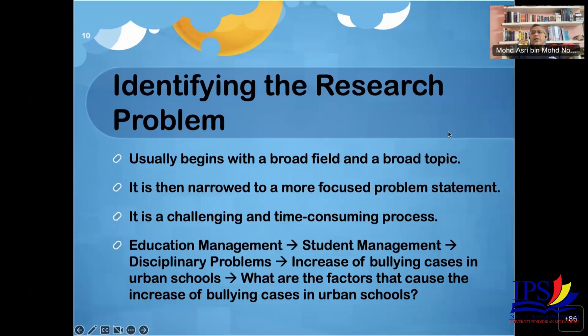Sometimes I overdo my chapter 1, even more than the literature review. So we are trying to segregate between the literature review and chapter 1, which one is supposed to be the priority. At my stage, I overdo chapter 1 actually. I think it's true, and not only in chapter 1, sometimes in every chapter.